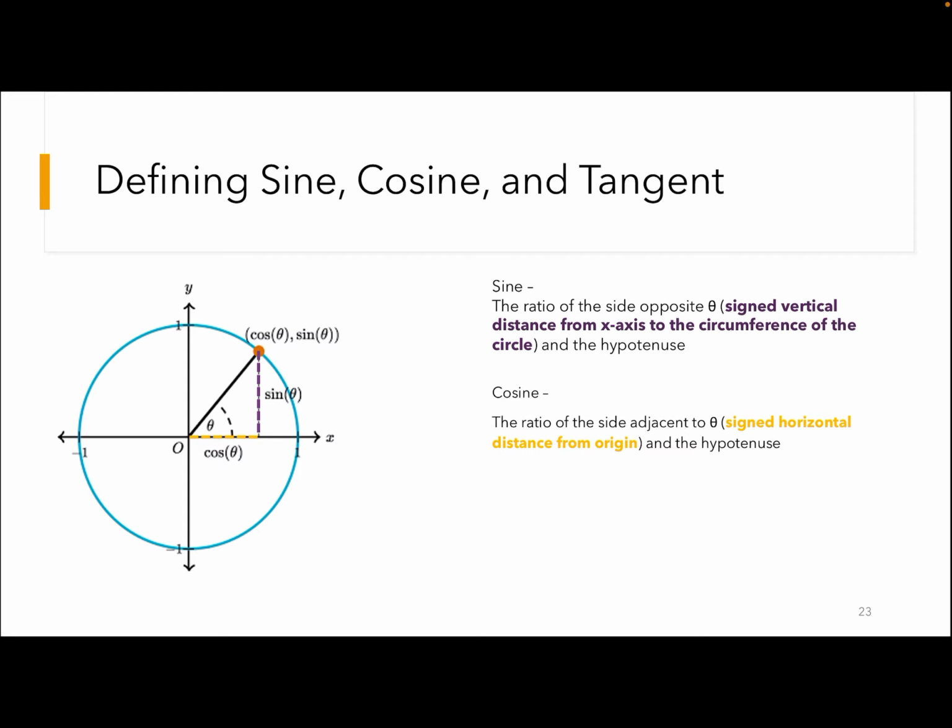And then the tangent is the slope of the line segment that makes the terminal side of the angle. In algebra, slope is just rise over run, and that's all it is in trigonometry, except we have different names for the rise, which is the sine value, and the run, which is the cosine value. So when we find tangent, we're just finding the slope of the line segment.